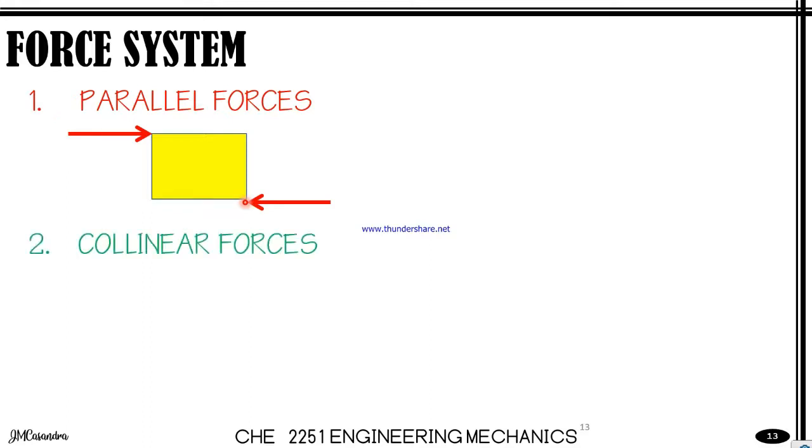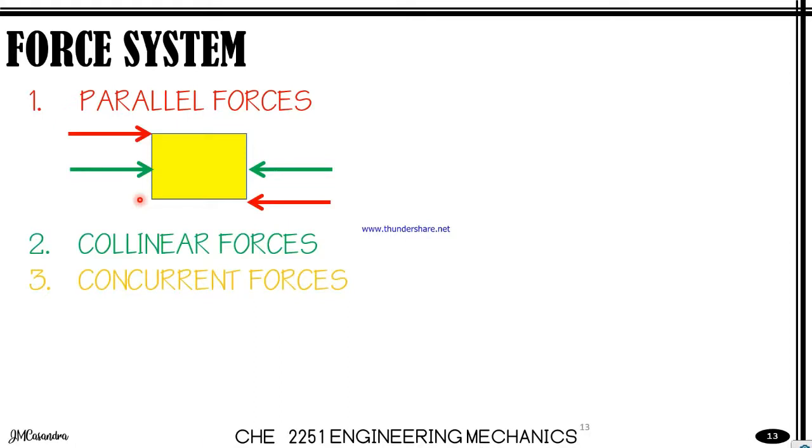For collinear forces, it would mean that they pass through the same line of action. They would have the same line of action, but it's not necessary that they have the same direction. So if I put this force on this side, they will now be considered collinear forces.